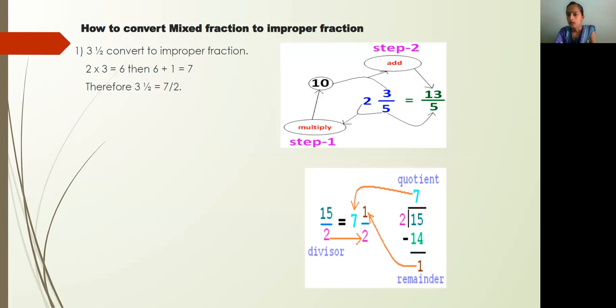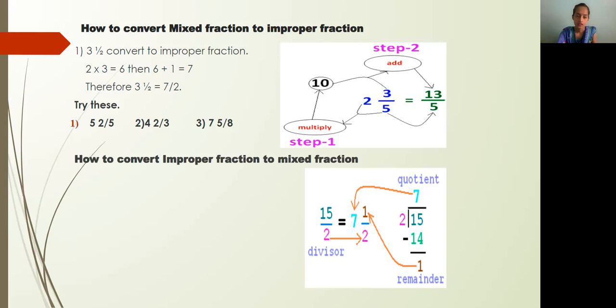When we add 3 to 10, we get 13. So 13 by 5 is the improper fraction. So 2 and 3 by 5 is converted into the improper fraction 13 by 5. Okay. Next, try these other examples: 5 and 2 by 5, 4 and 2 by 3, 7 and 5 by 8.